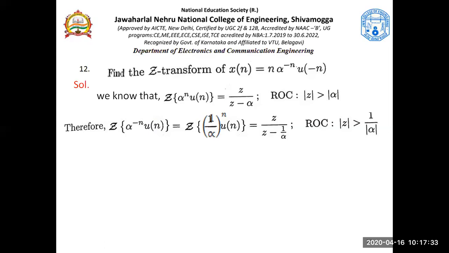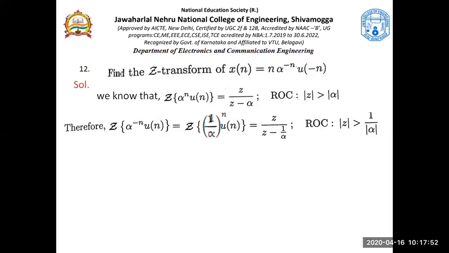We know the z transform of u of n is z by z minus 1 with ROC mod z greater than 1. So if we do u of minus n, which property will come into the picture now?